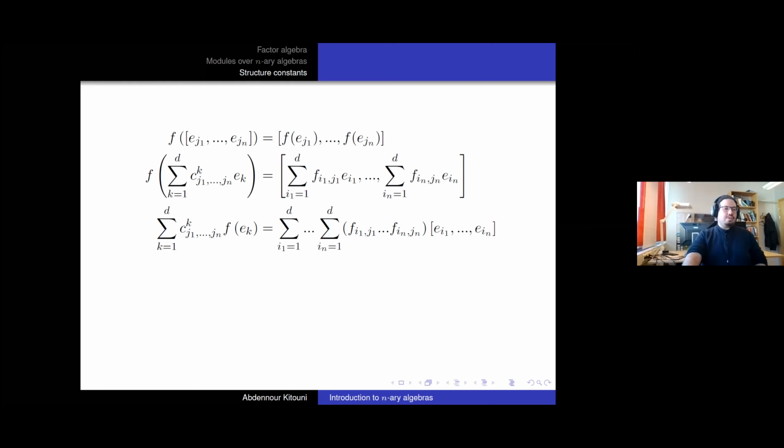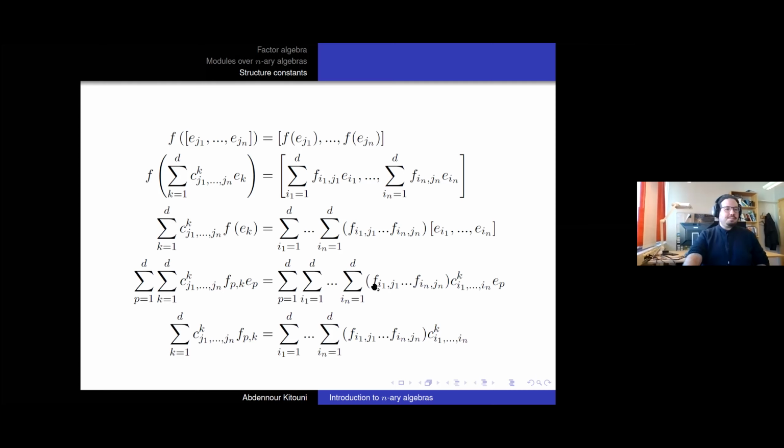So again, applying the same ideas here, of course paying attention to indices and then reorganizing everything. And again, we have linear combinations of the same basis elements here, which are equal. So it means that the scalars are necessarily equal.